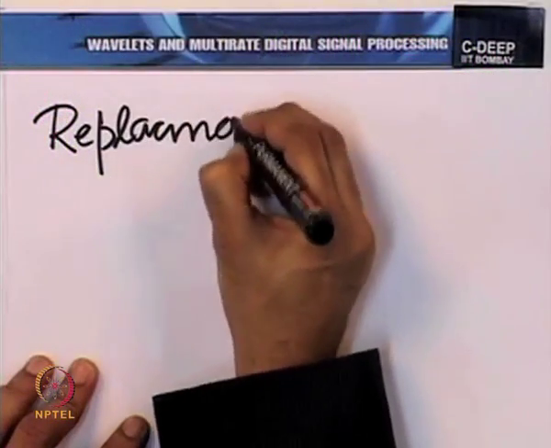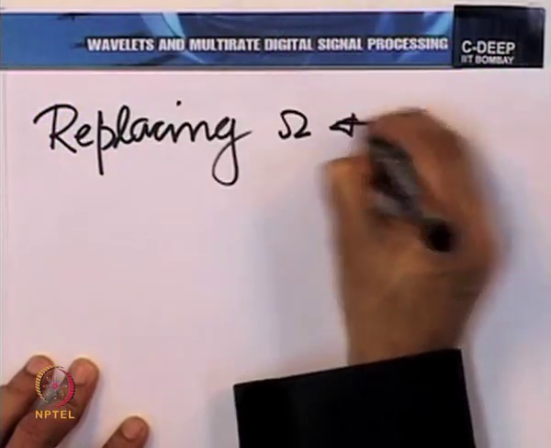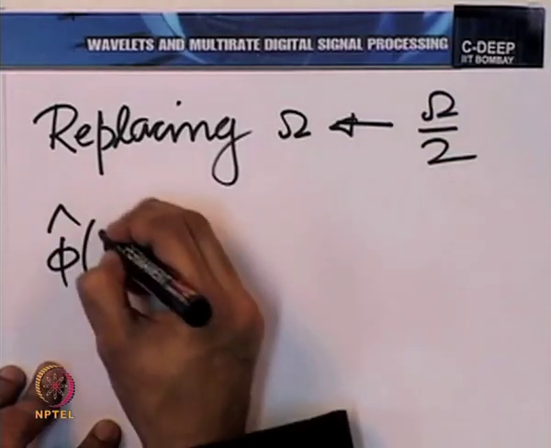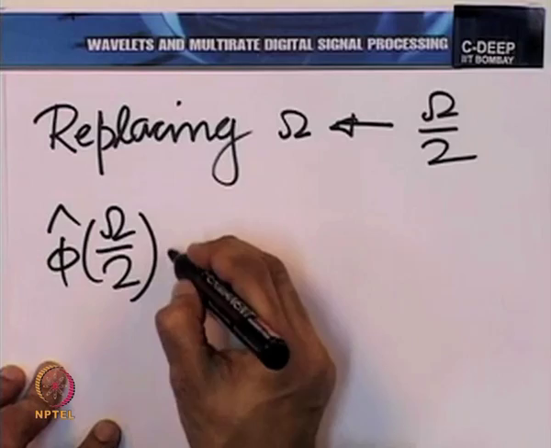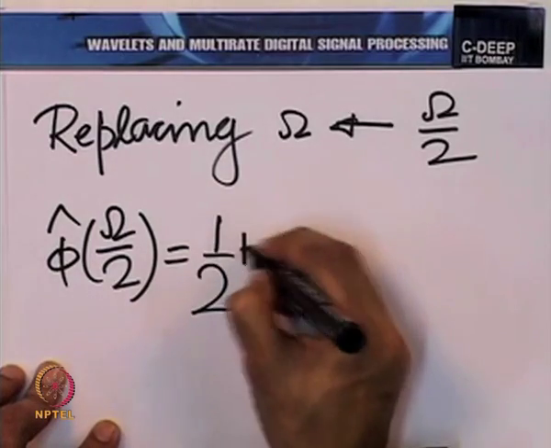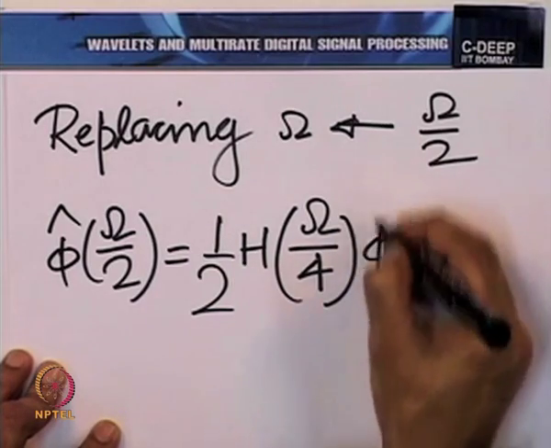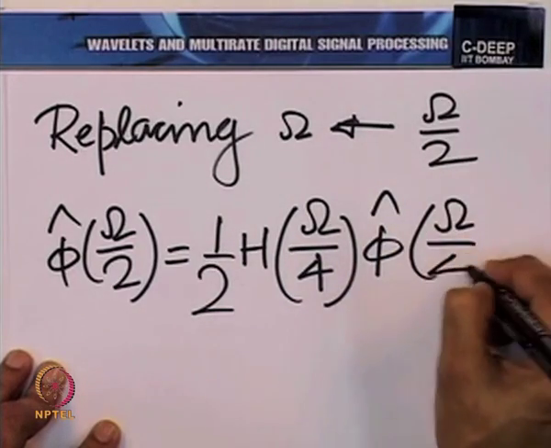So, the same equation can be rewritten at capital omega replaced by capital omega by 2, and doing that we would have phi cap evaluated at capital omega by 2 is half H evaluated at omega by 4 times phi cap evaluated at omega by 4.